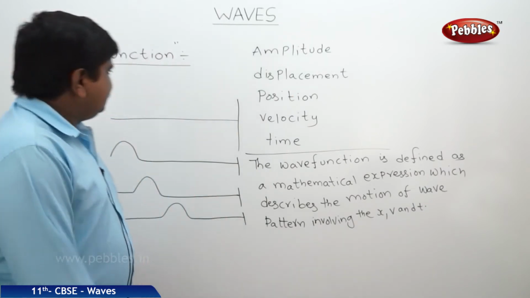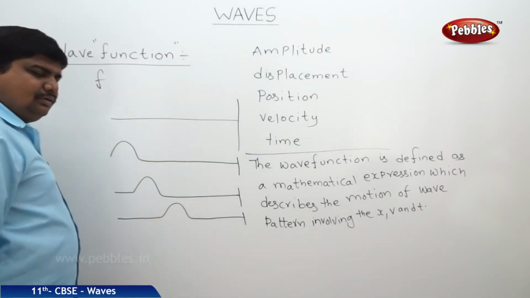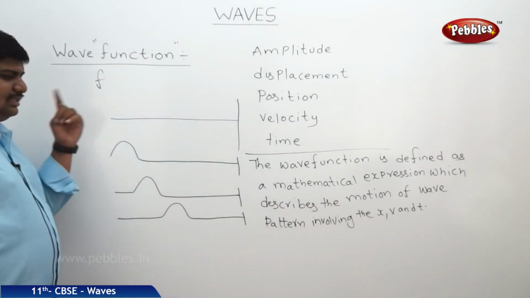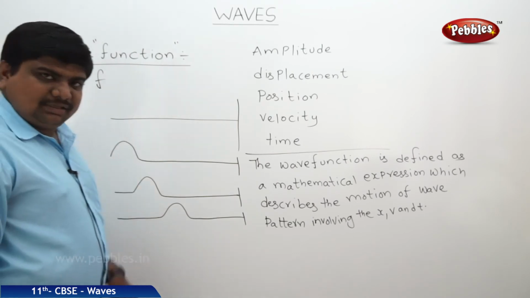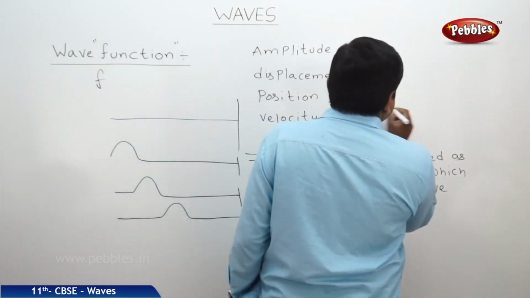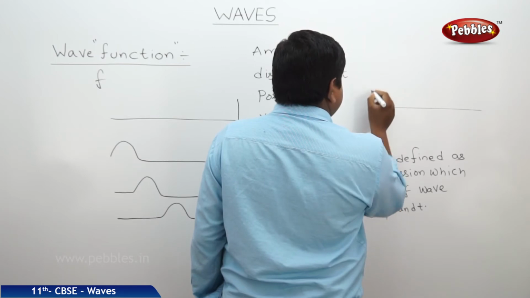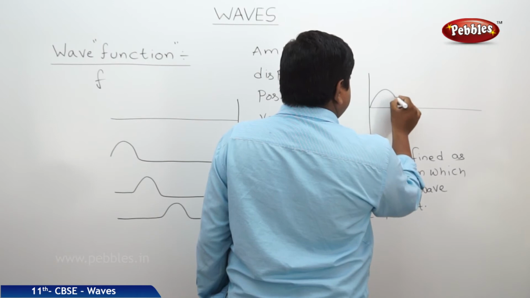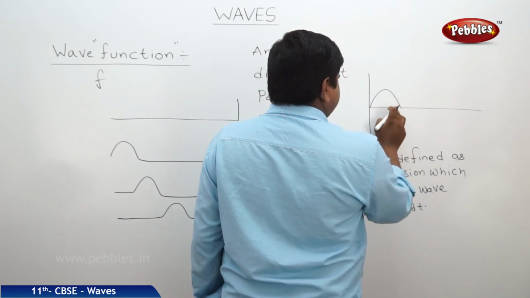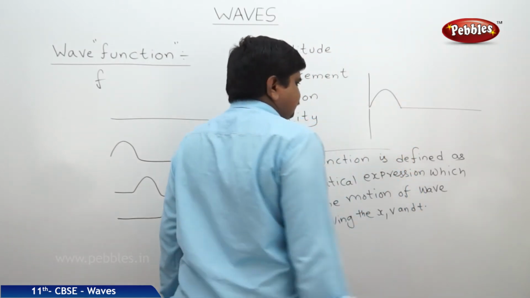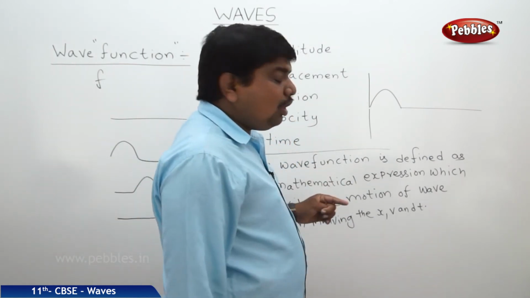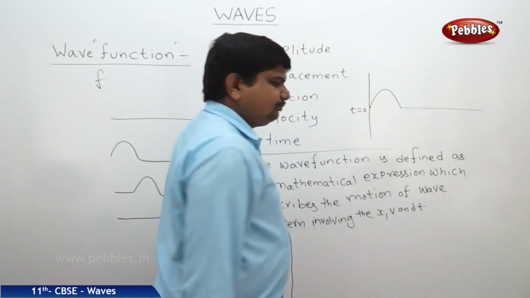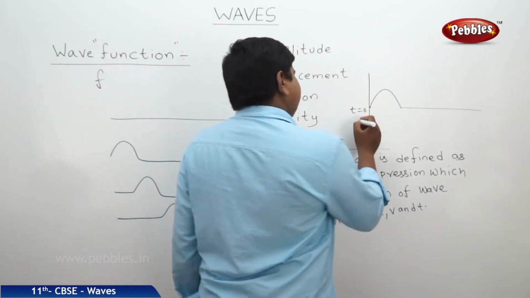So the function symbol is f. That means the mathematical expression of this function is described in terms of f. Let us suppose the wave is started like this. What is the position coordinates of this wave? It is t equal to 0. At t equal to 0, automatically v is also 0.